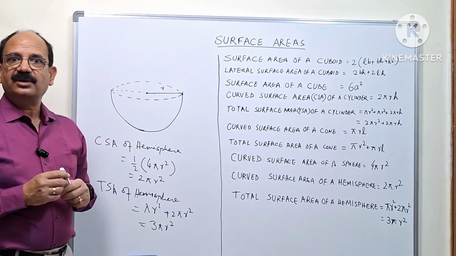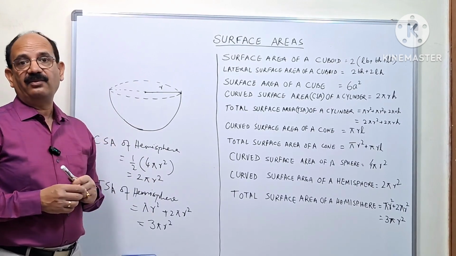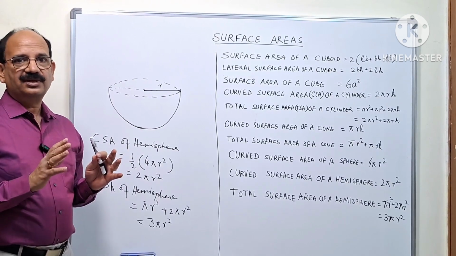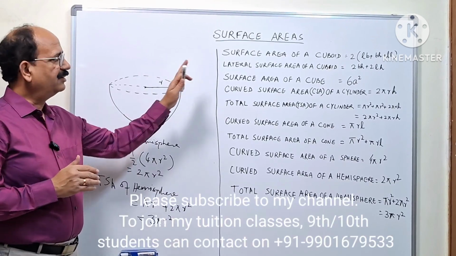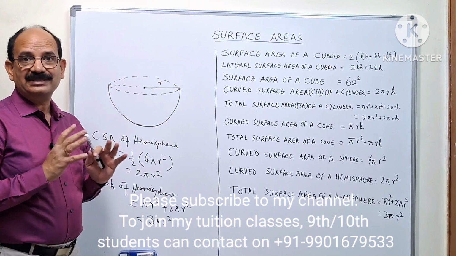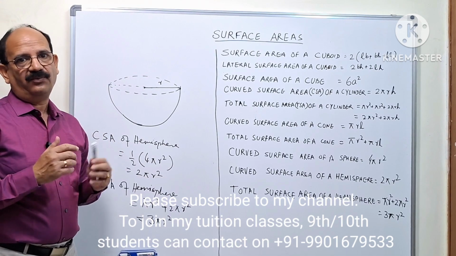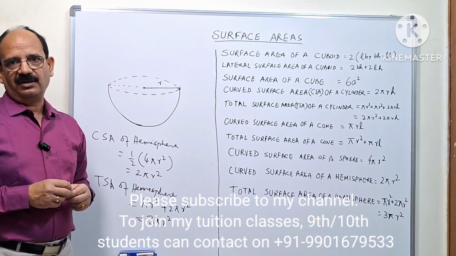Because when you are going to solve the problems, not necessarily the entire surface area will get involved. It might be a part of the surface area also. So therefore, it is always better to understand the formula in its constituent form, and whatever constituents are not applicable, you need to exclude that part.